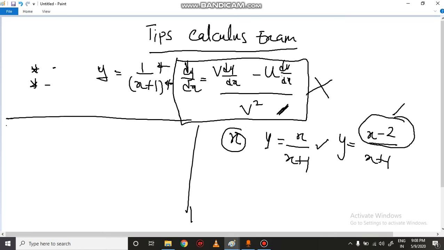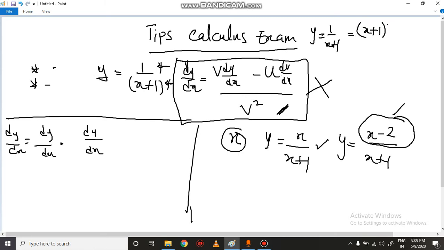So let's see, the chain rule states that dy over dx equals dy over du multiplied by du over dx. Our function here was y equals 1 over x plus 1. You can choose to write it as x plus 1 all to the power negative 1, so it's an inverse of it.